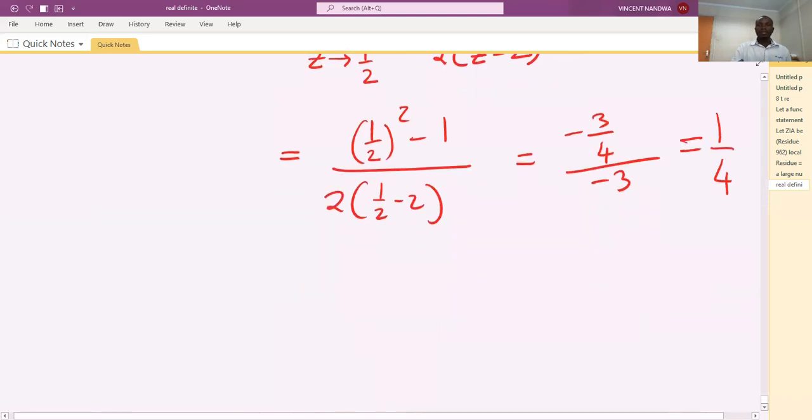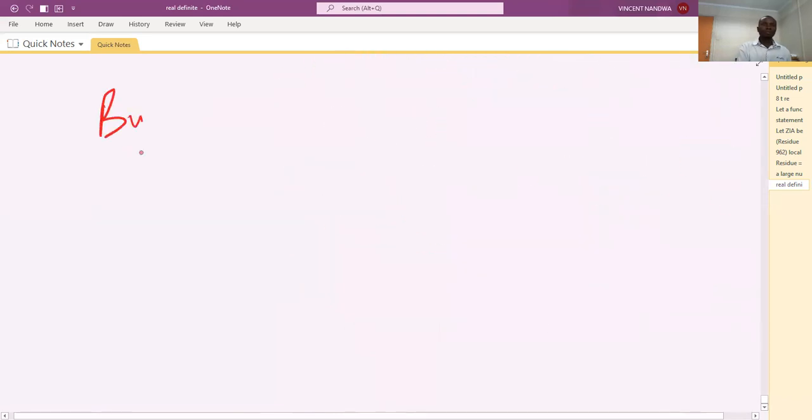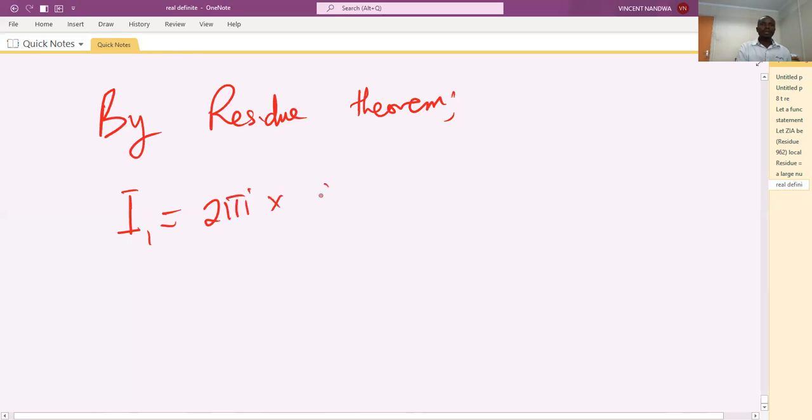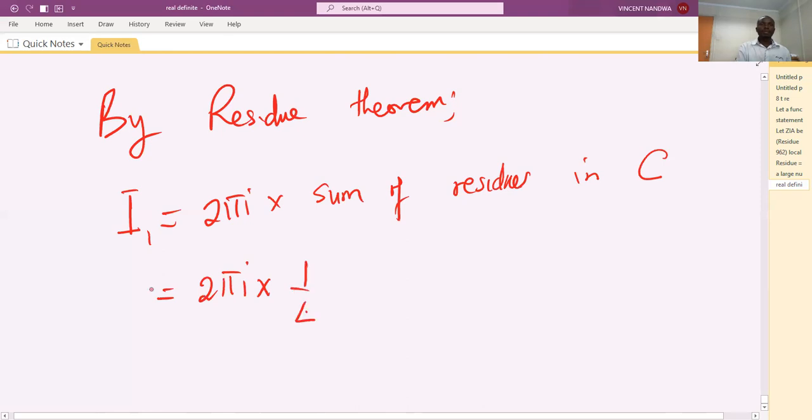Now by residue theorem, I1 is 2 pi i times the sum of residues in C, which is the same as 2 pi i times 1 over 4, because in C we had only one pole which was within the circle C. So this will give us pi i over 2.